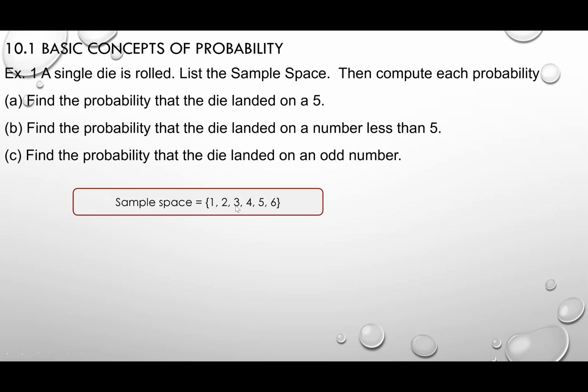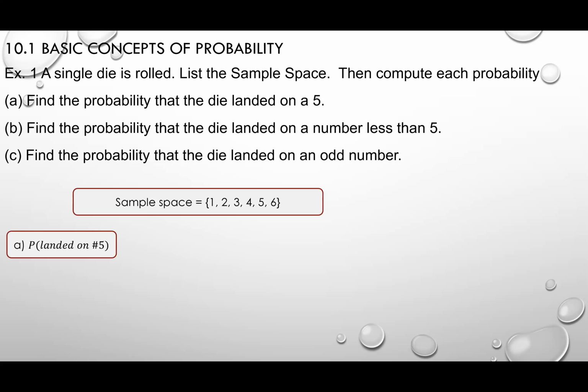We list the individual items out. That's what we have in chapter 2. But looking at this sample space, which is 1, 2, 3, 4, 5, 6, your elements are those items. So how do we find the probability when you throw this dice, what is the probability of it landing on number 5?